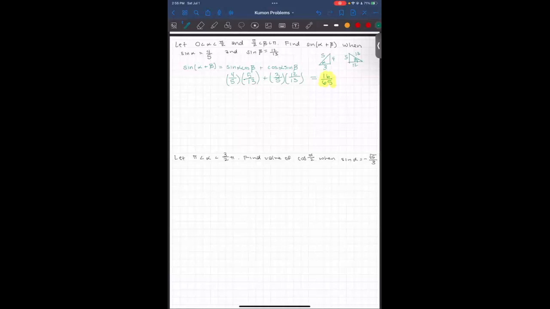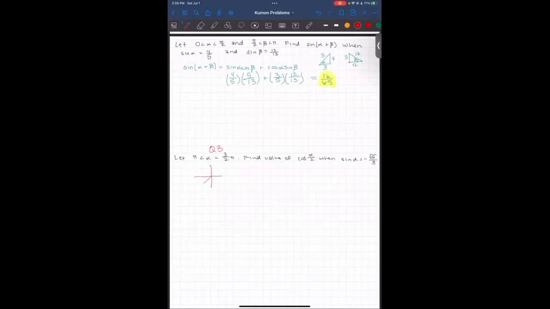So the first thing that we want to identify is that we are dealing with quadrant 3 here, just based off of the domain that we were given. So we can go ahead and first just draw our triangle. We draw our mini coordinate plane.